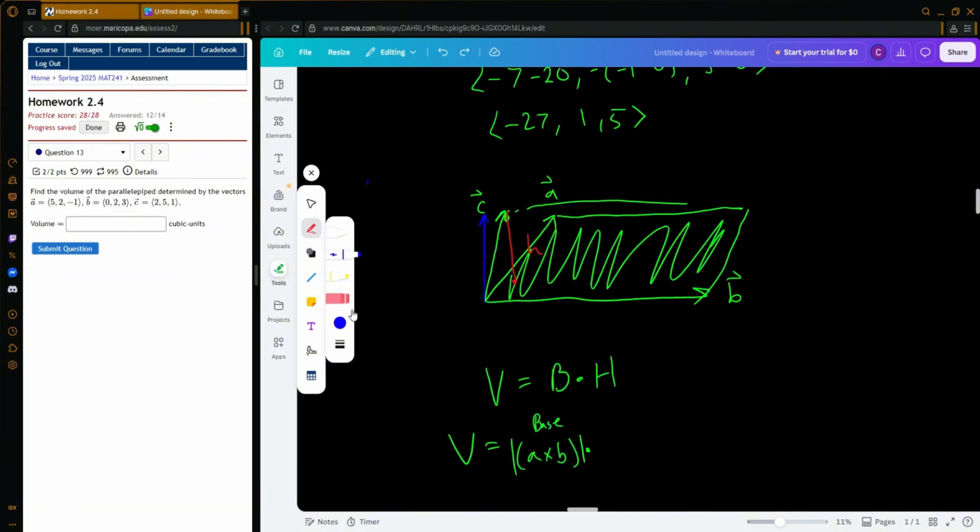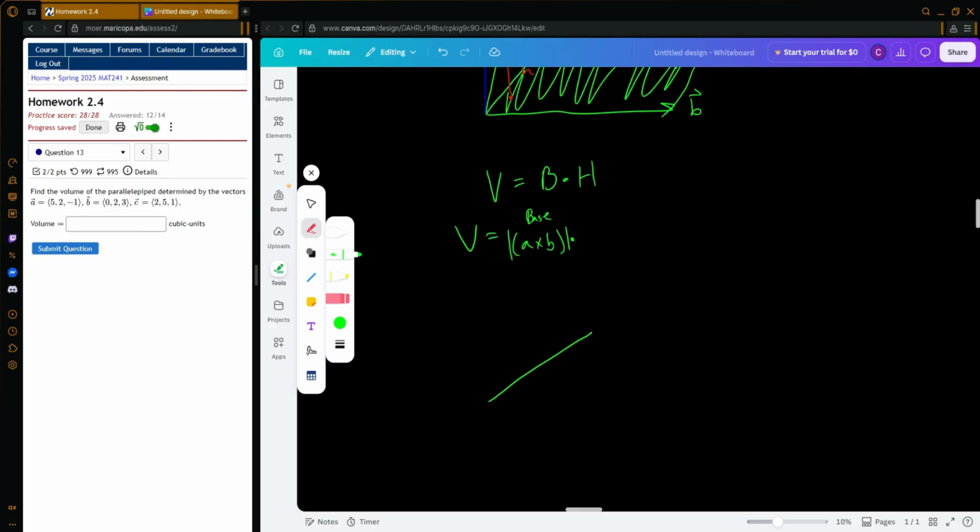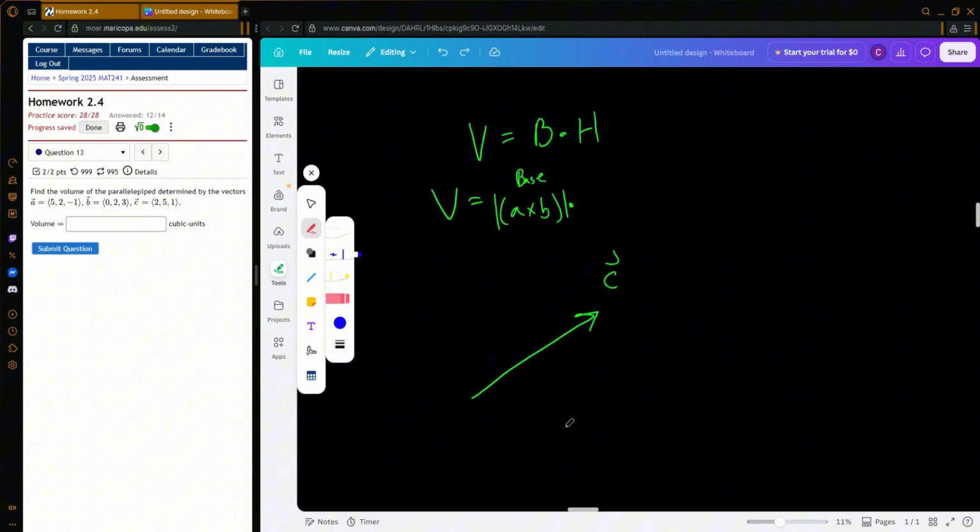So let's draw that like this. We'll get this vector C, and then we'll have our blue vector, which is going to be A cross B. We have this new orthogonal vector A cross B, and the projection is our height h.